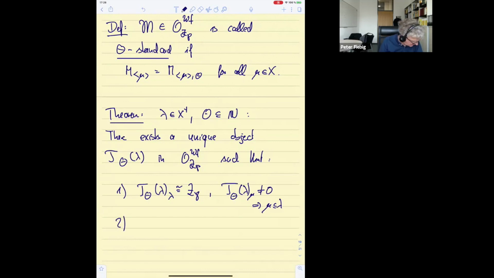Second, it is indecomposable. And third, it's theta standard.